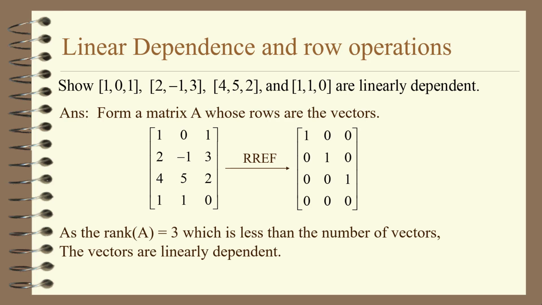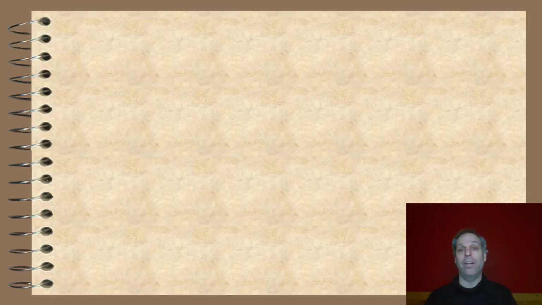You literally just do the row operations. Just find the reduced row echelon form, and find out if the rank is less than the number of rows. If it is, they're linearly dependent. If it's not, if the rank equals the number of vectors, the number of rows in this case, then they're linearly independent.